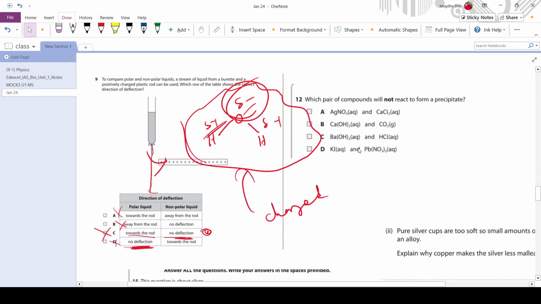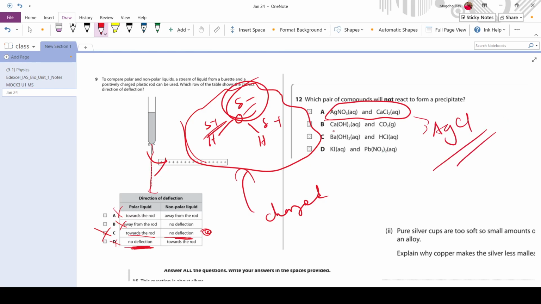Which pair of compounds will not react to form a precipitate? Well, this will react to produce, we all know, AgCl. So that's out. Obviously, CaCO3, that's out.